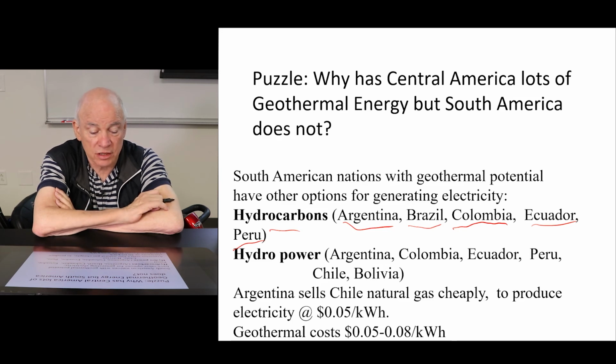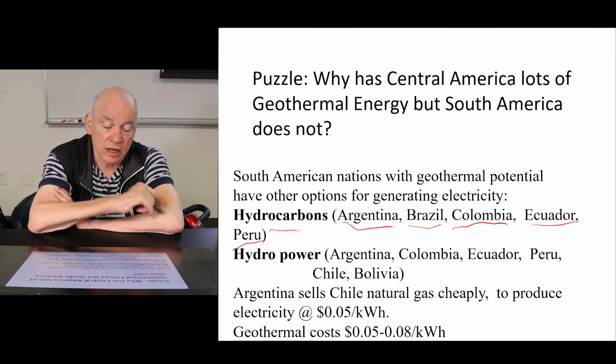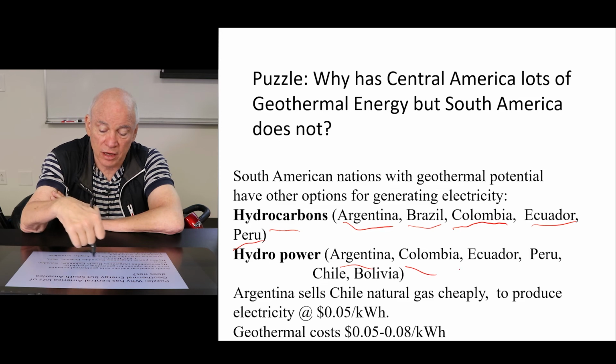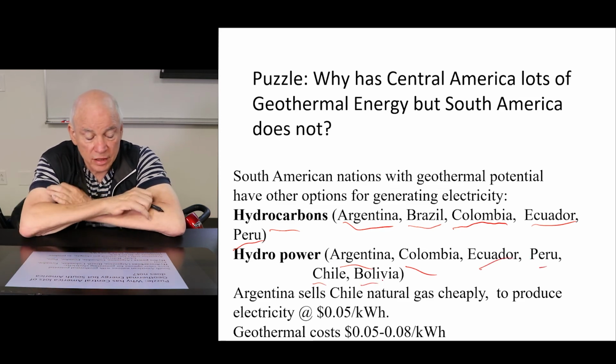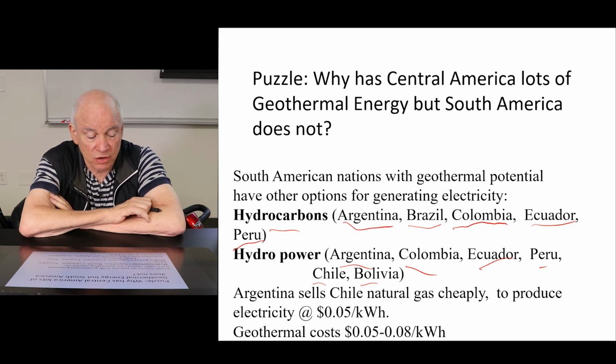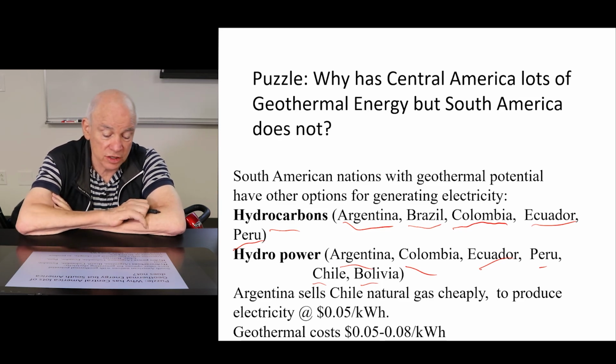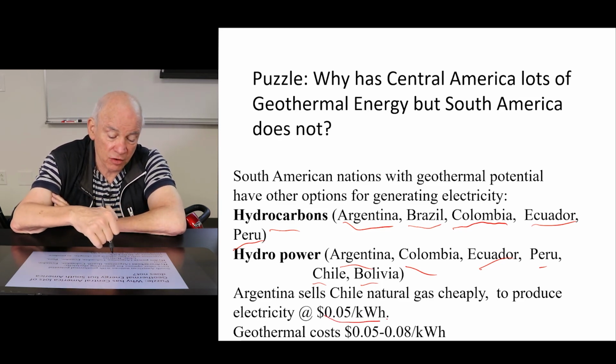energy of those countries. And then some other ones, they have a lot of mountains and rivers, and they can generate hydropower. That includes Argentina, Colombia, Ecuador, Peru, Chile, and Bolivia. And they have these relationships. So Argentina sells Chile natural gas cheaply, and Chile uses that to produce electricity at about 5 cents per kilowatt hour.